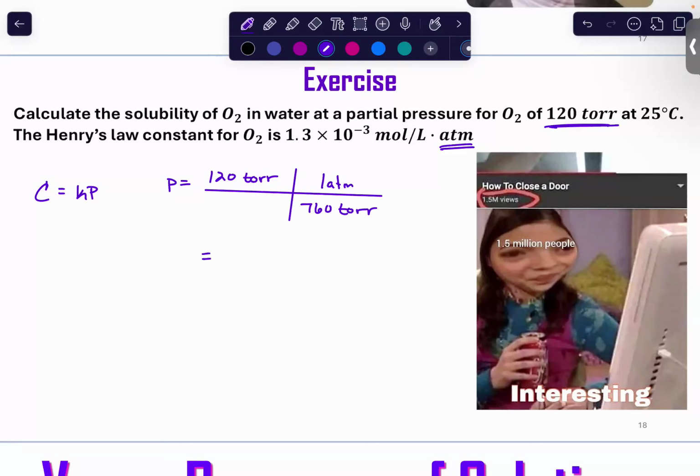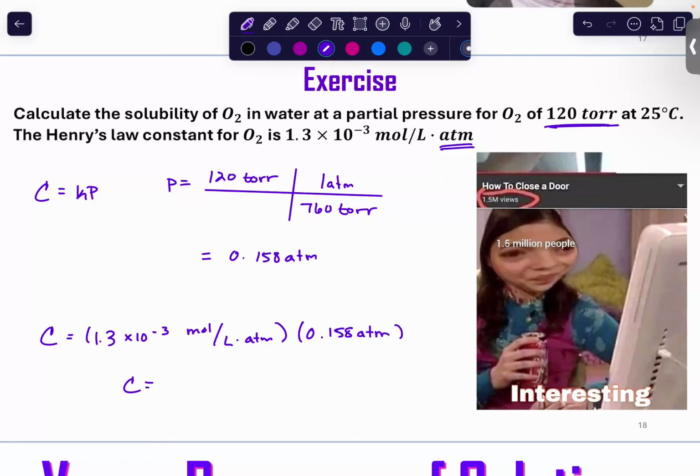The pressure is going to be 0.158 atmospheres. So the concentration in solution is going to be 1.3 times 10 to the negative third moles per liter atmosphere times 0.158 atmospheres.